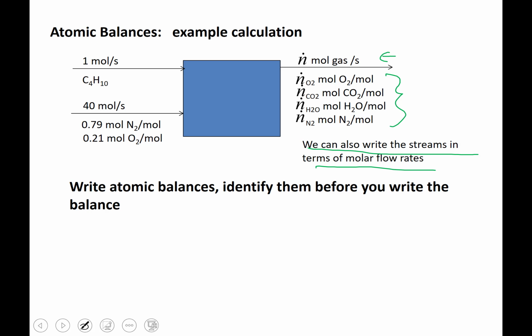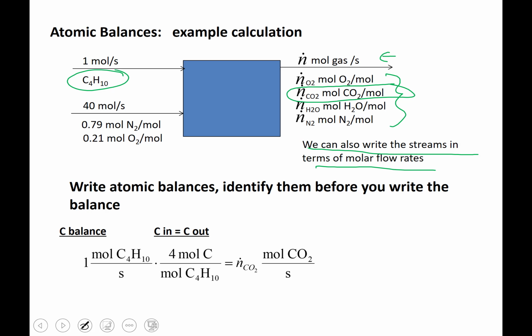All right, when we write atomic balances, you should identify them before you write the balance. So when you do your test, you should do a C balance. To calculate the C balance, we're going to put the carbon on the inside. Carbon going in is the butane, and the carbon going out is CO2.